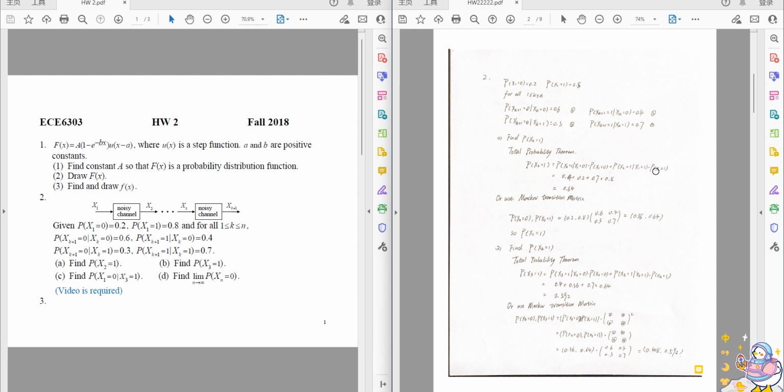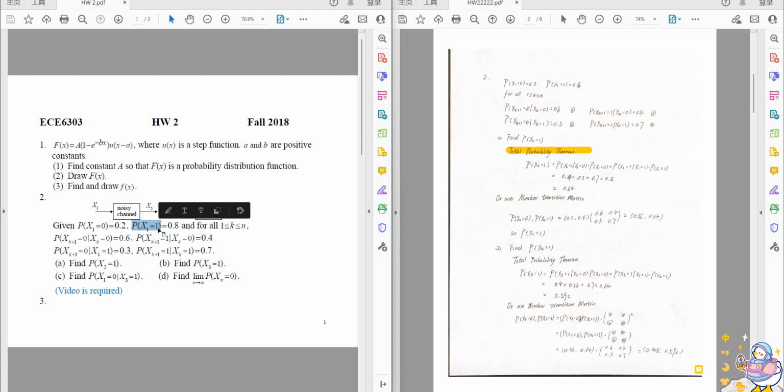But actually, it is so easy that we don't have to use the transition matrix. We can just use the total probability theorem. We know that the status of x1 is just 0 and 1.